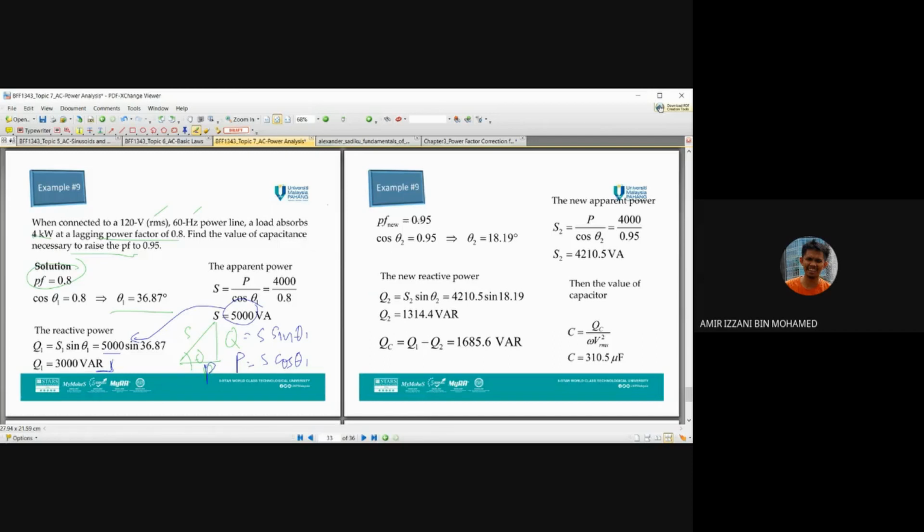So the new power factor is 0.95, and theta 2 from cos theta 2 of 0.95 is 18.19 degrees. So we have the new theta 2.